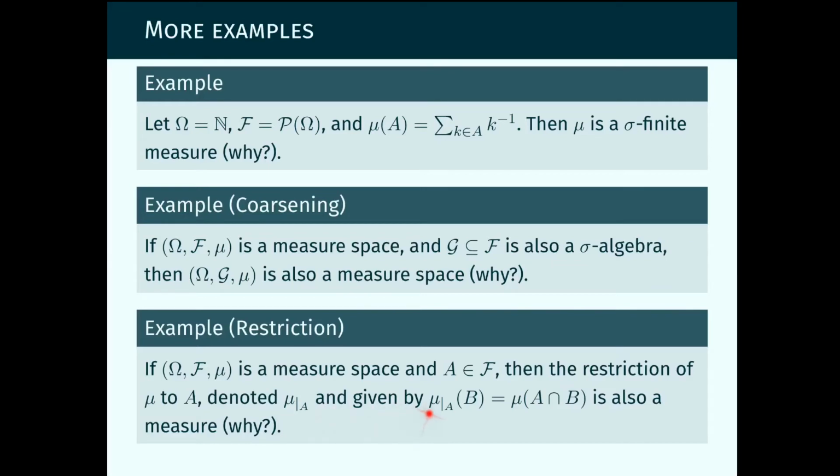The restricted measure of any set B will be just the measure of the parts of B that overlap with A. And this is also a measure, and I let you figure out why this is a measure. Prove this, and write down a complete proof that this verifies the properties that we ask for, two, in fact, properties of a measure.